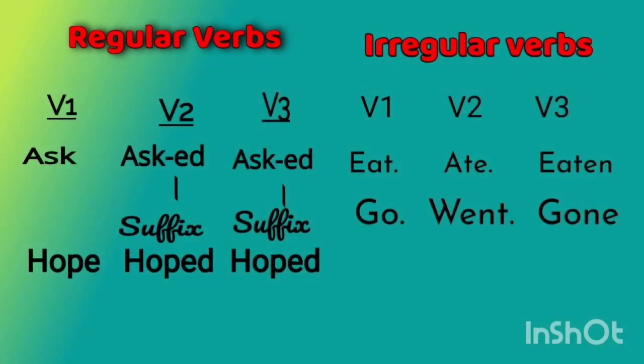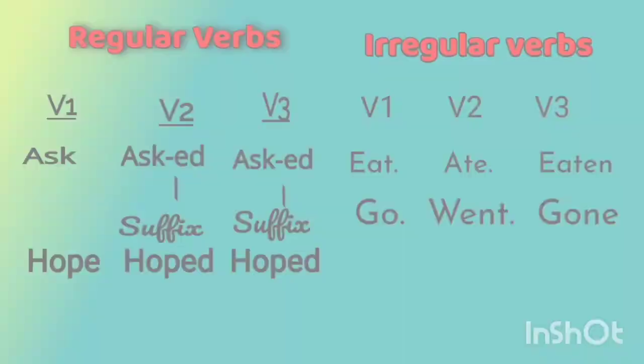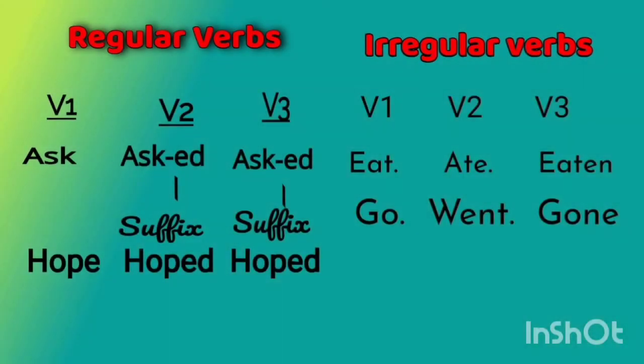Ask, asked, asked: the word is repeated and ed is acting as a suffix. Hope, hoped, hoped. Coming to irregular verbs, the word completely changes: eat, ate, eaten; go, went, gone. These are irregular verbs.